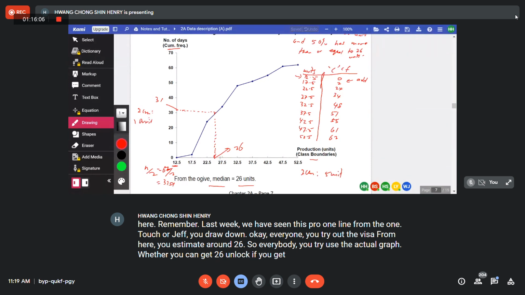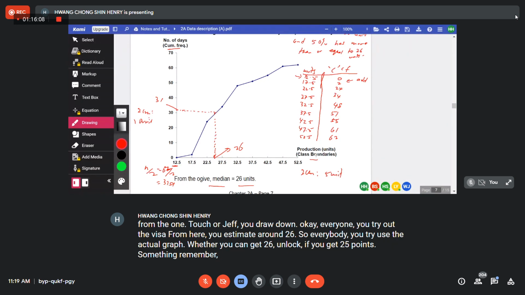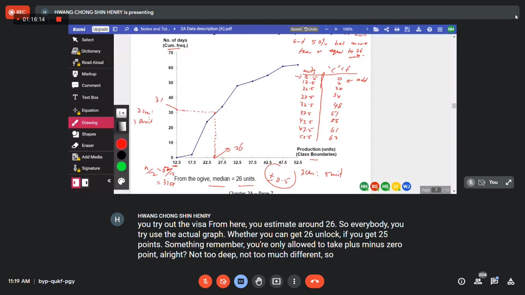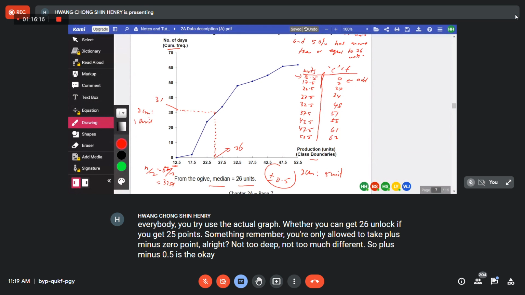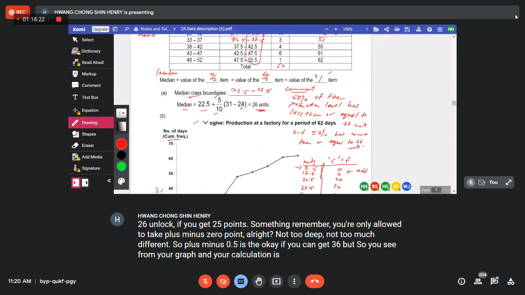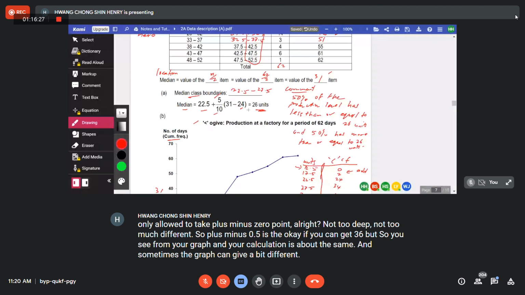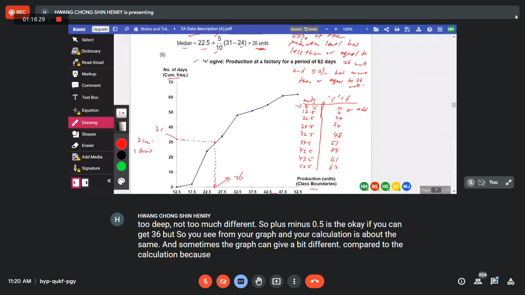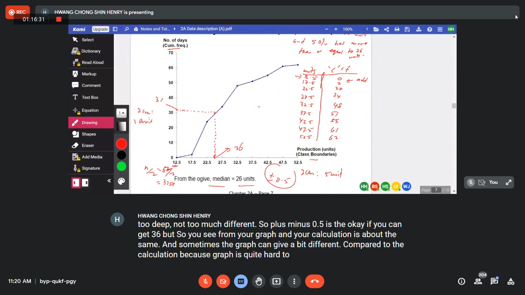If you get 25 point something, remember you're only allowed plus minus 0.5, right? Not too much different. So plus minus 0.5 is still okay. If you can get 26, better. So you see your graph and your calculation are about the same. Sometimes the graph can give a bit different compared to the calculation because the graph is quite hard to estimate.